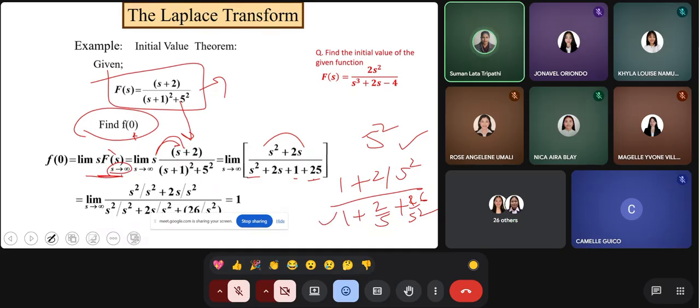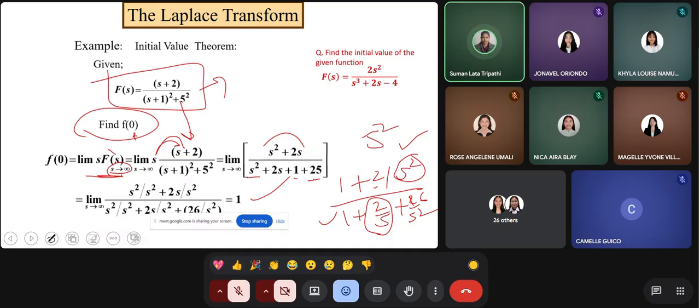Now you can put s tends to infinity. If you put infinity over here, this term will become 0, this will become 0, and this will become 0. So the final answer will be 1 by 1, which is a finite answer. It is a defined answer, not undefined; it's a finite value, and the value of it is known to you.